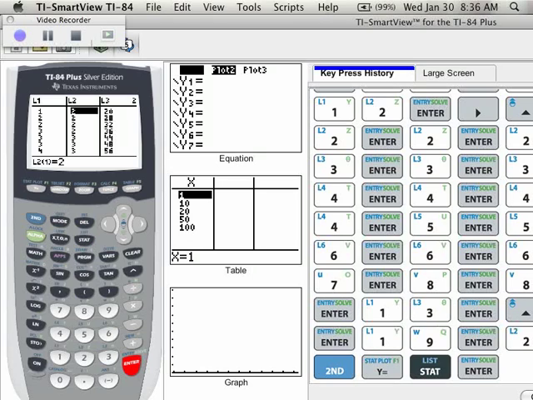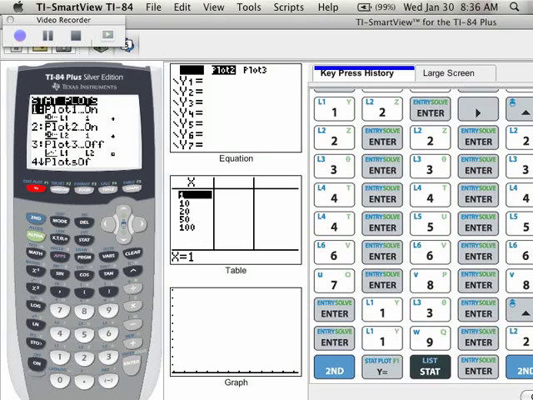So I put this first example in list 1. Then you go second y equals, hit enter twice to turn on your first plot.